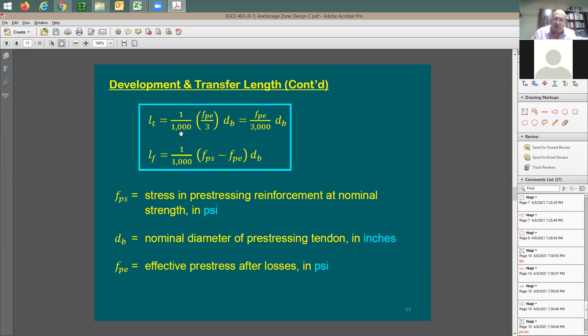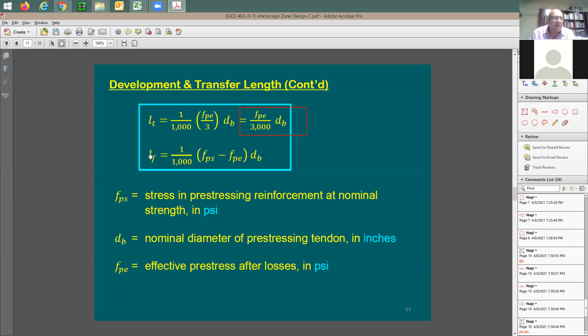This is an empirical formula, so you cannot really justify it. You cannot say how much is the bond stress between the strand and the concrete and try to derive it. You cannot do it this way, right? This is based on testing. So what you need to do is just use the equation as given. So I'm going to say here, Lt is going to be equal to fpe in psi times the bar diameter, the strand diameter, let's say 1/2 inch or 0.6 inches, divided by 3,000.